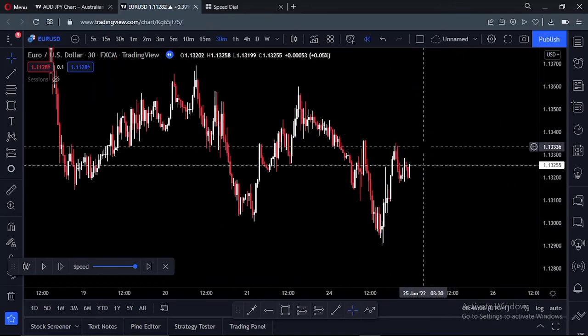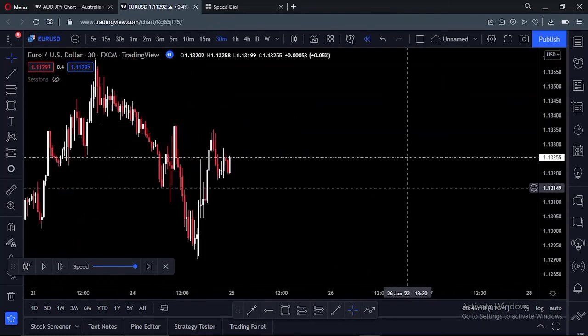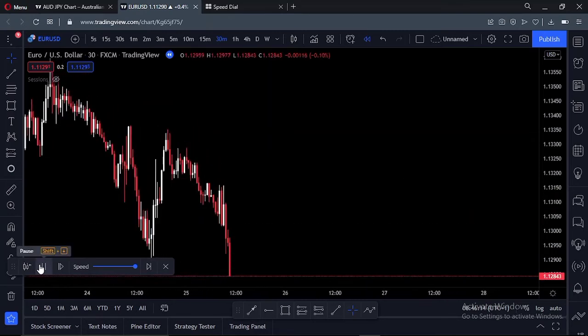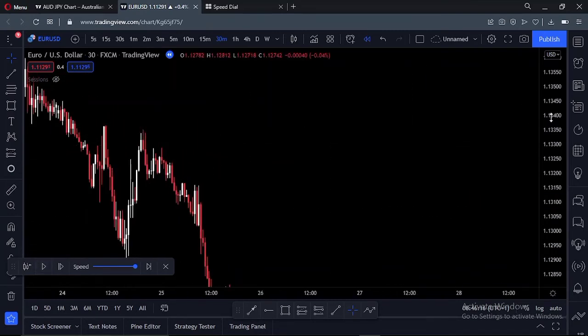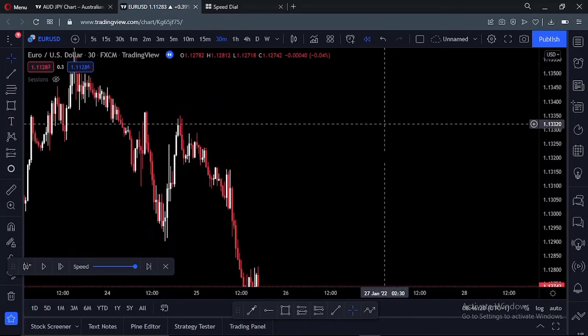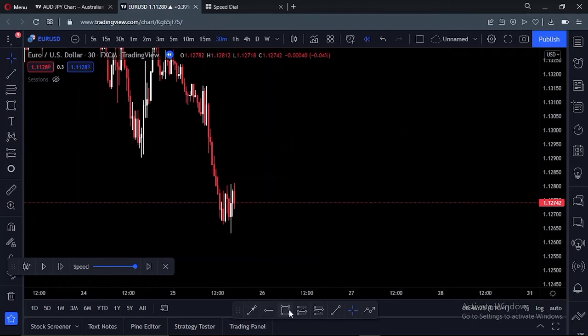I'm not seeing any clear supply zone here. That's why I've not actually picked the zone to show you guys. Okay, I think I've seen one.